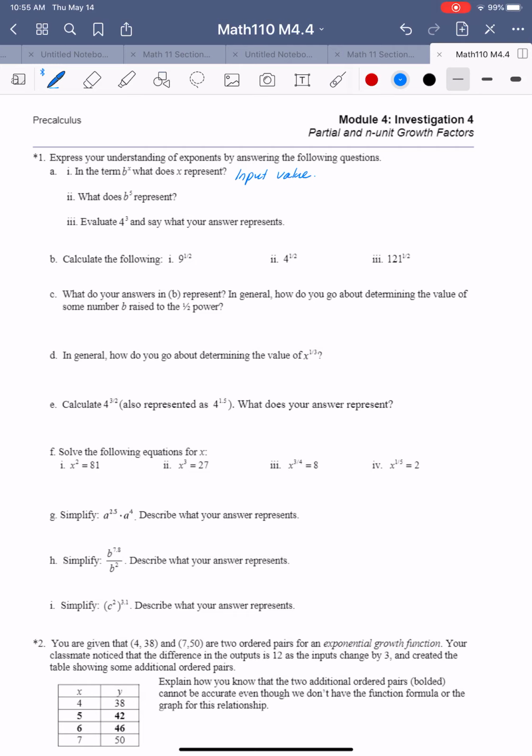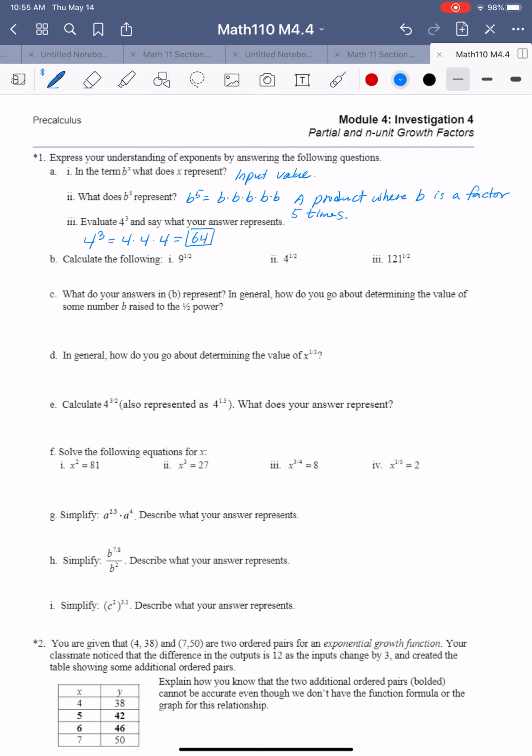So b to the fifth power means, actually you should understand this, it's going to be b times b times b times b times b, which is a product where b is a factor which has been multiplying 5 times. So evaluate 4 cubed, which means 4 times 4 times 4, which is 64.